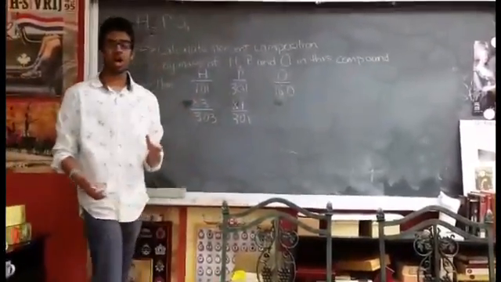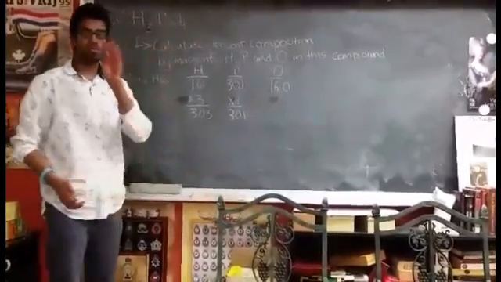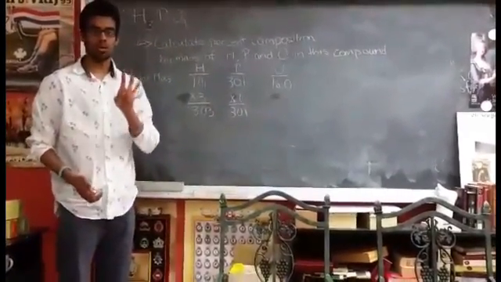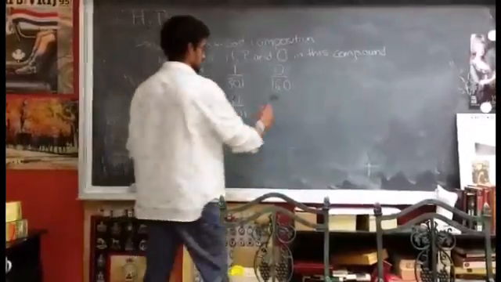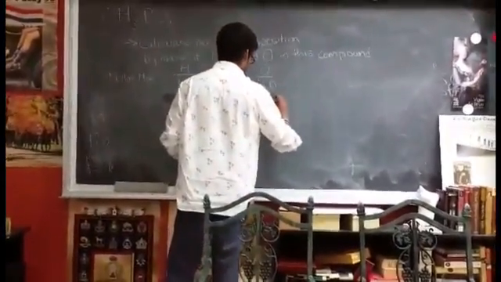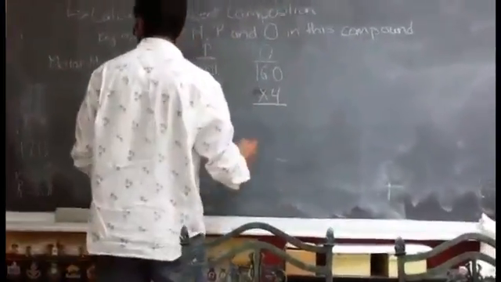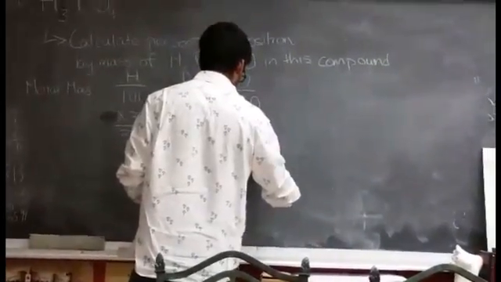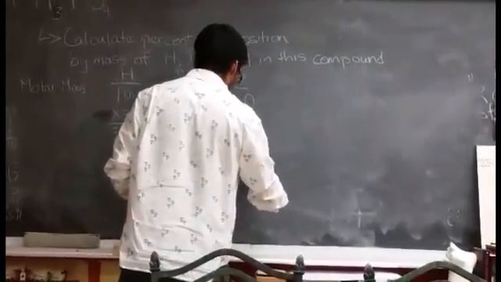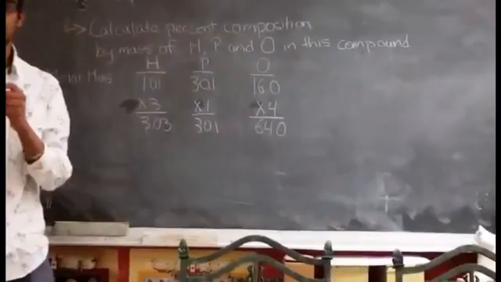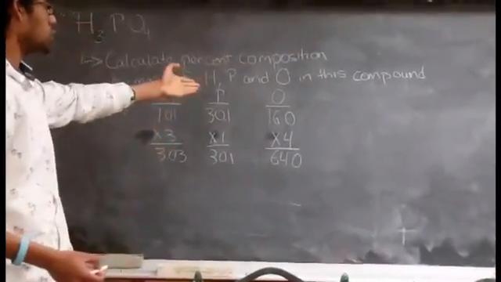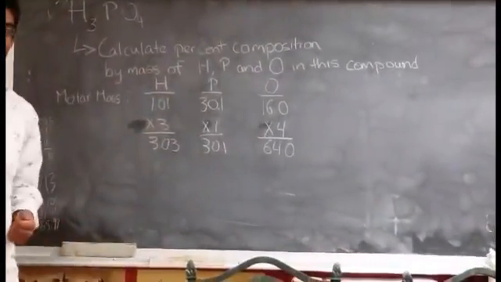The next one, oxygen. There are 4 oxygen atoms within one molecule of phosphoric acid, so you multiply by 4, and the answer is 64.0 grams per mole of oxygen within phosphoric acid.